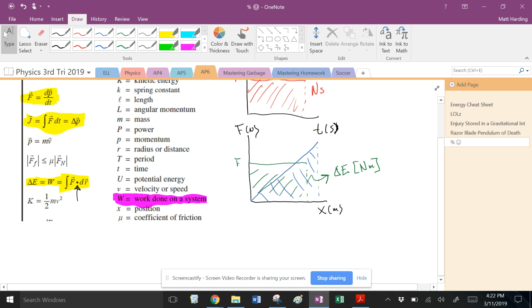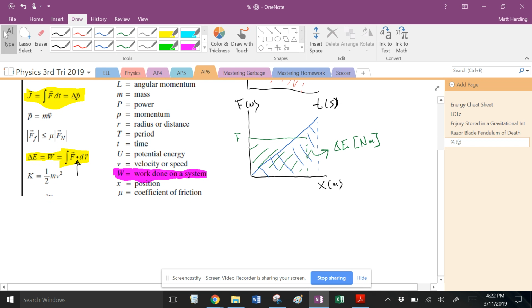So an algebraic way of thinking about that is that the change in energy is equal to the force vector times delta x, the change in position, which I'm using interchangeably with distance here, times the cosine of the angle in between those things.